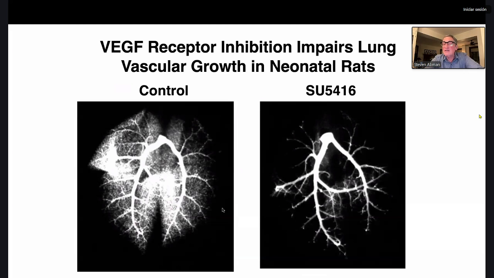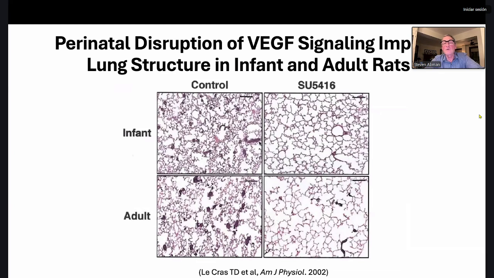If you use a specific inhibitor, in this case a proangiogenic stimulus called VEGF, a receptor inhibitor, a single shot after birth, and then leaving the animals alone, no hyperoxia, ventilation, no other changes. Look how simplified the lung circulation is and how the vessels themselves don't grow very well after using this inhibitor, even at a couple of weeks of life and then into adulthood.